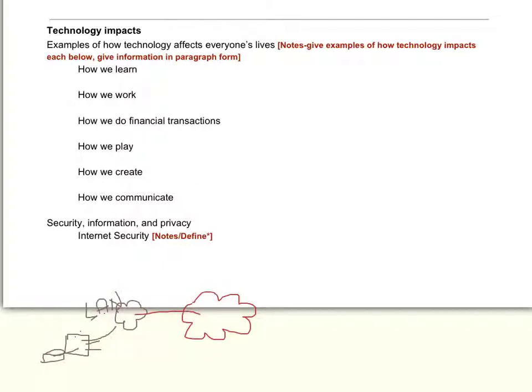And so we have some connection to the internet. And the reason it's called an internet is it connects us to other locations, you know, places in which we can communicate and store information or get information via the internet.